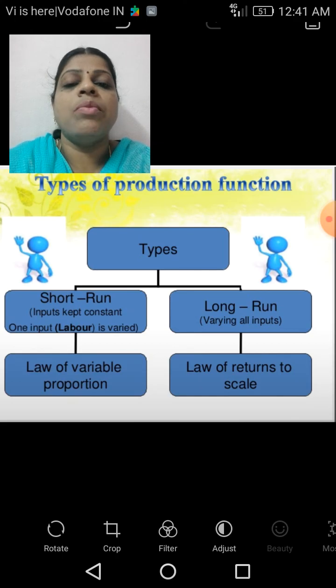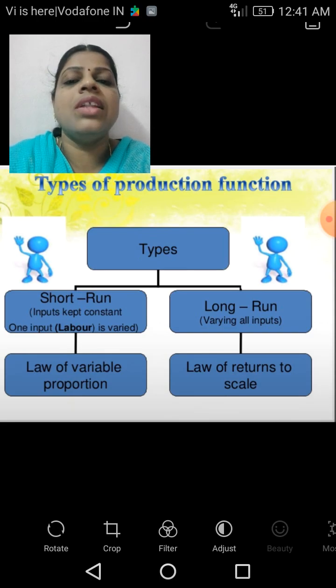And in this short run period, one input is kept constant. That is, the fixed factors are kept constant, and the variable factors are continuously variable. That is, the variable factor labor is completely varied by keeping the fixed factor capital constant.